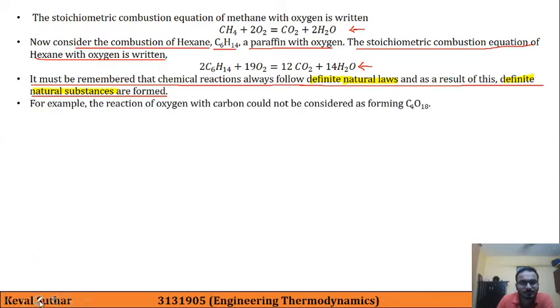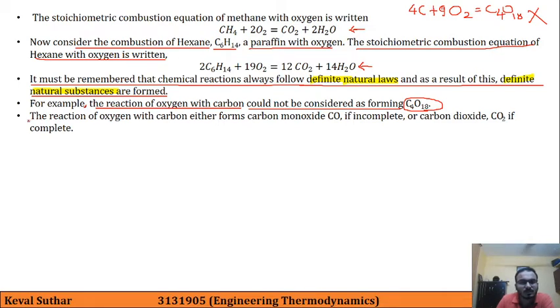For example, the reaction of oxygen with carbon could not be considered as forming C4O18. This is some random chemical formula written over here, but it doesn't mean that we are having 4 carbon plus 9 oxygen and it will provide us this. This is not something like some mathematics, and this will not be correct in real life.